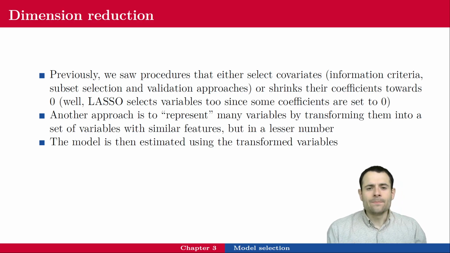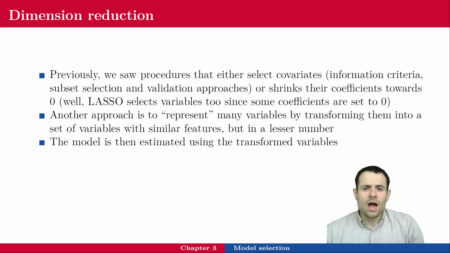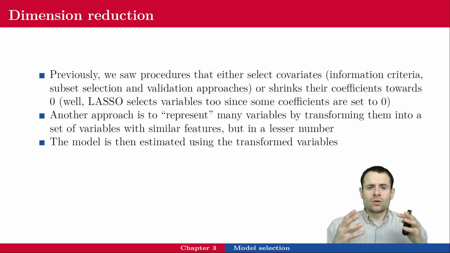Now, obviously, I cannot just turn 100 variables into 20 by magic. When I say represent, I mean that I'm going to lose some features on the way, but those are features that I will not care too much about. I want my 20 variables to summarize the main features of my hundreds.